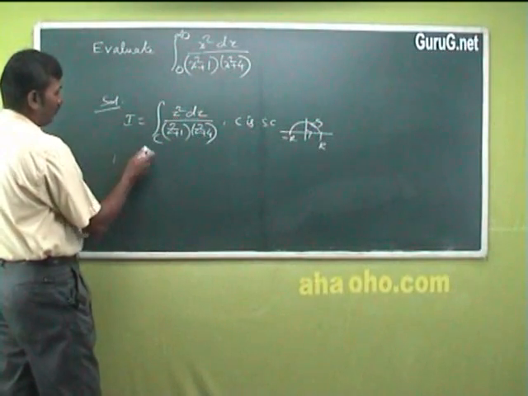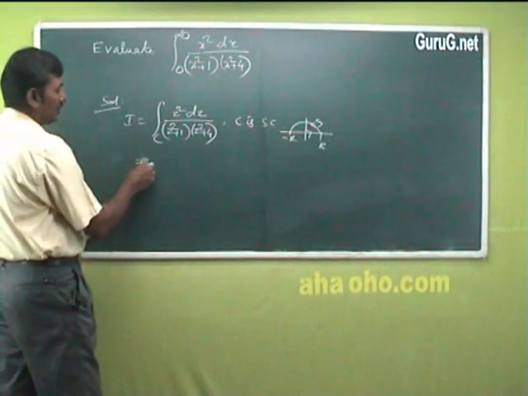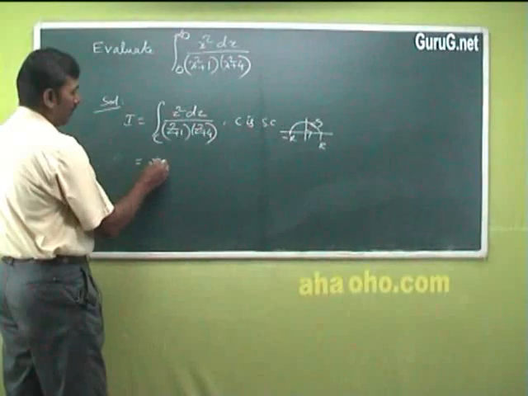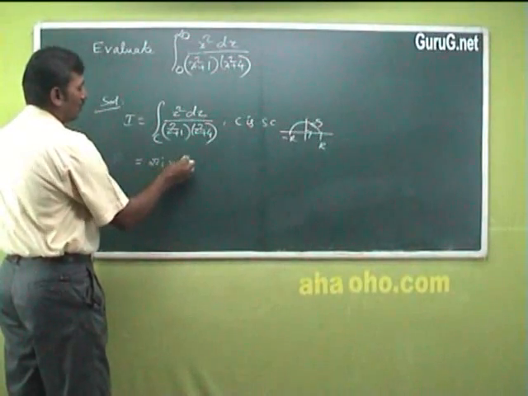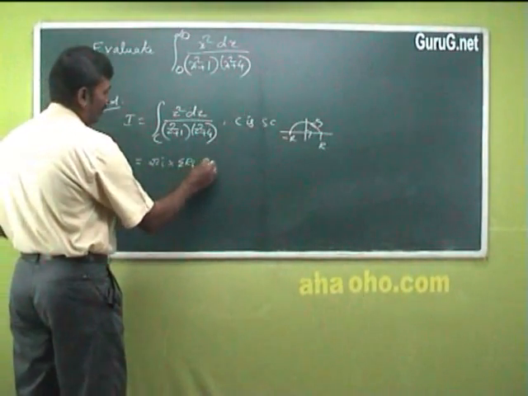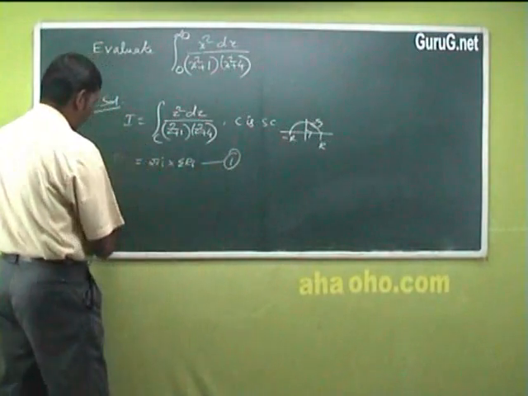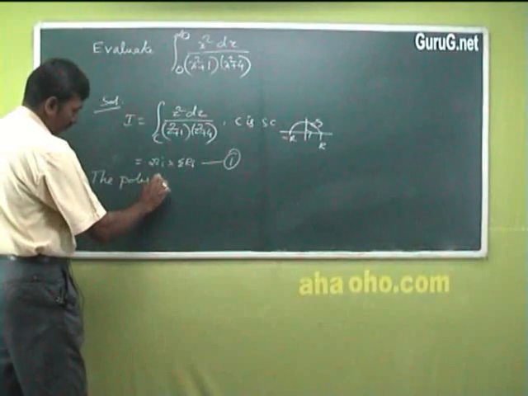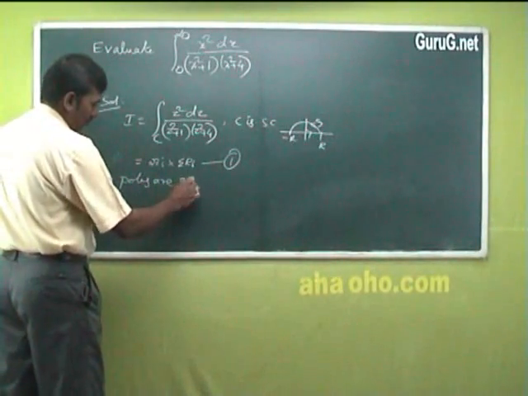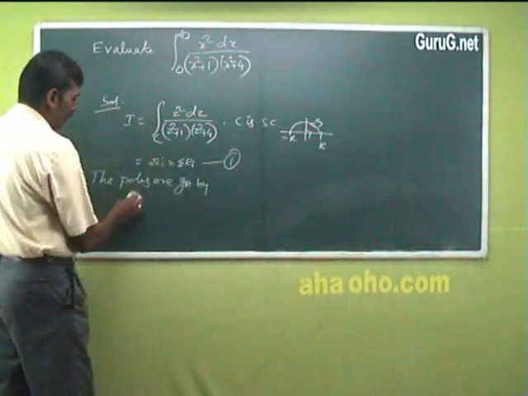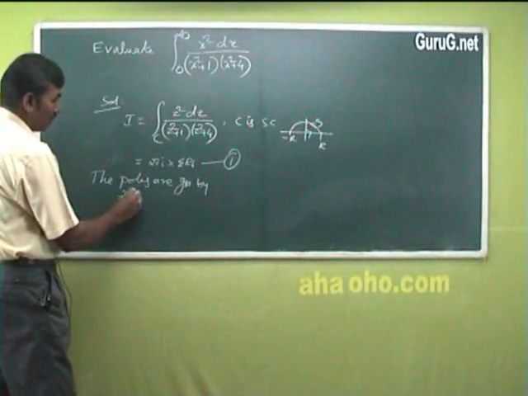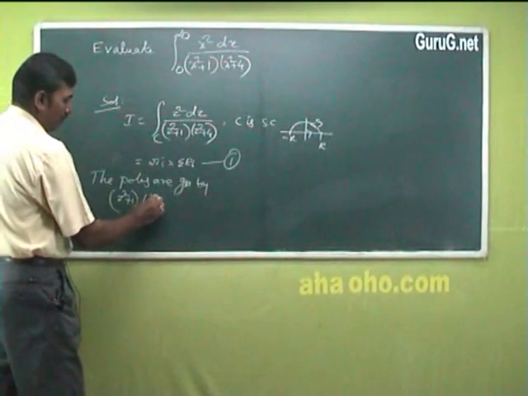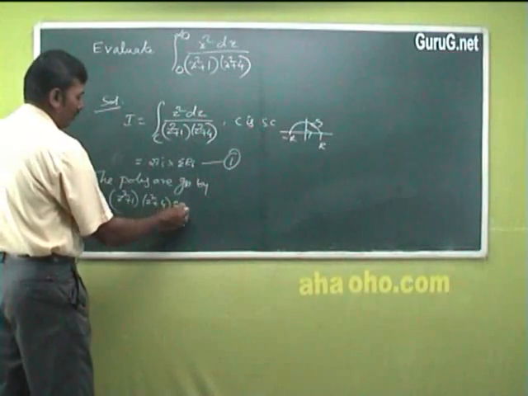So therefore apply Cauchy's residue theorem, so make it what? 2 pi i into the sum of the residues. So take it as 1. So poles are given by z squared plus 1 into z squared plus 4 equal to 0.